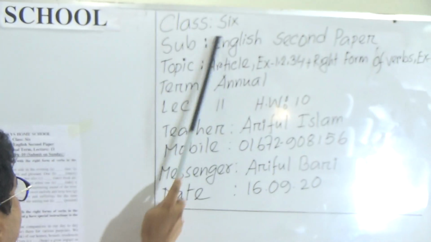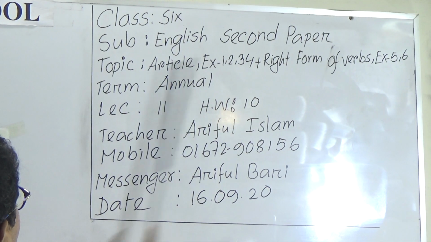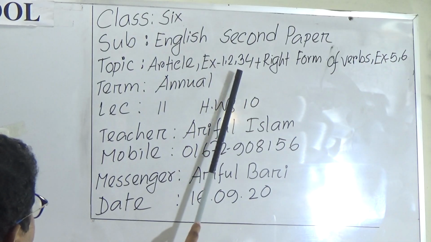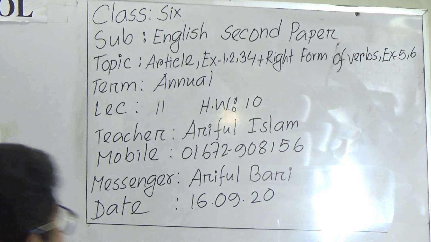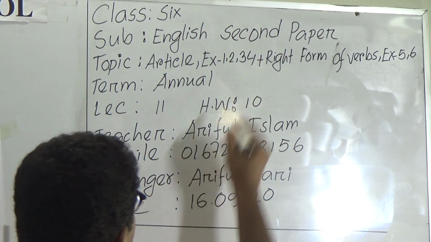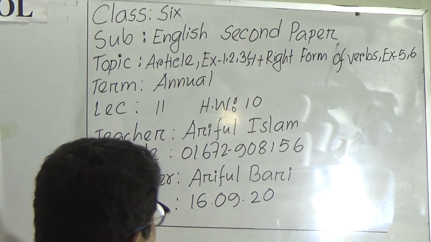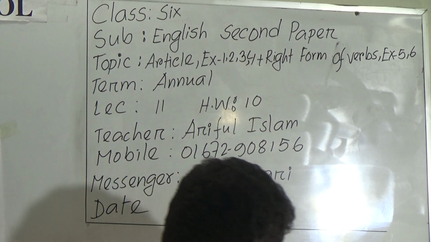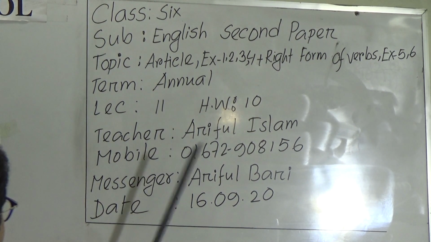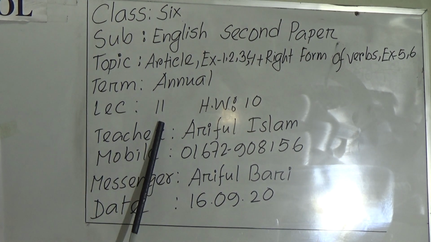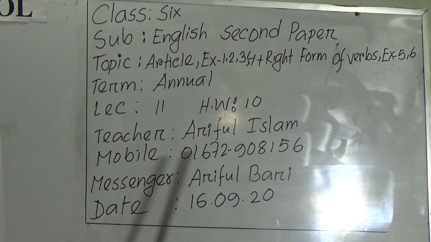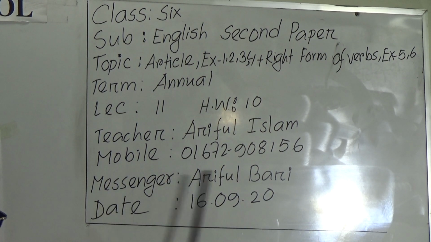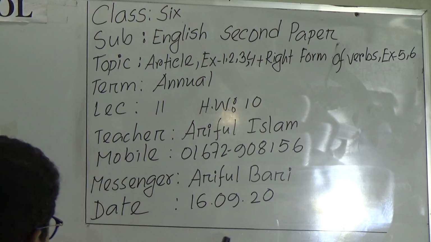Class 6, subject English second paper, topic article, exercise 1, 2, 3, 4, and right form of verbs, exercise 5, 6. Term annual, lecture 11, example 10, teacher Ariful Islam. This is the mobile number, messenger ID, and today's date 16/9/20. So let's start the class.